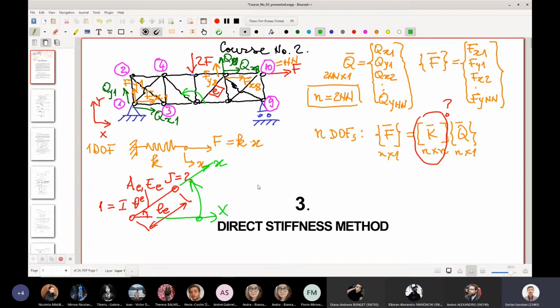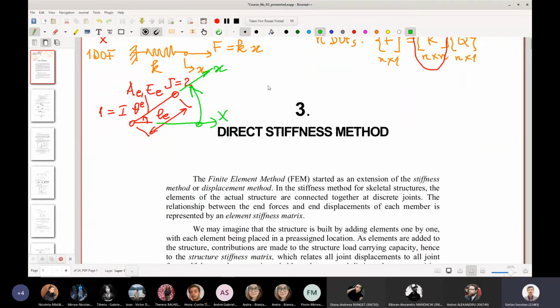Now, let's imagine that we also put at the ends here the displacement and forces for this particular element. I will use this part here to make this picture as an introduction, because it's very important to understand these aspects.